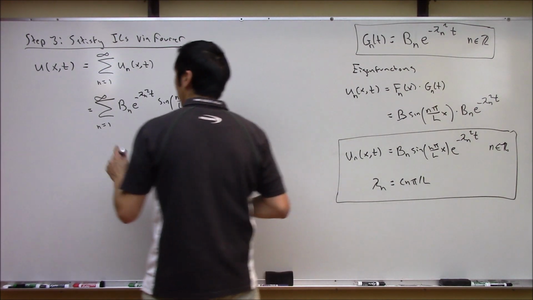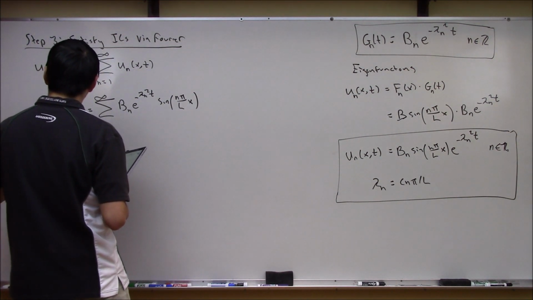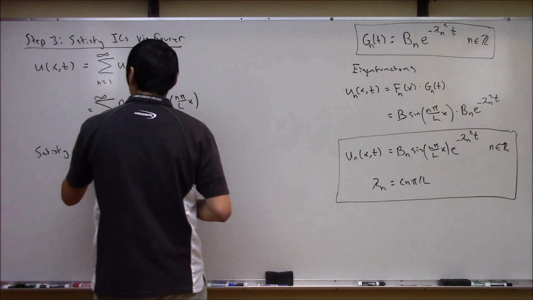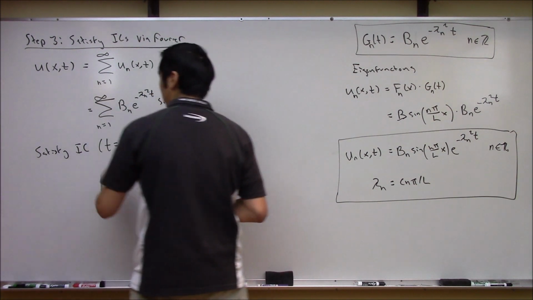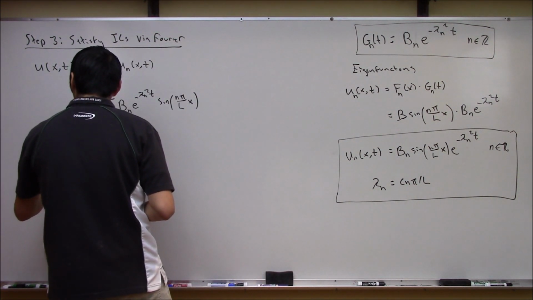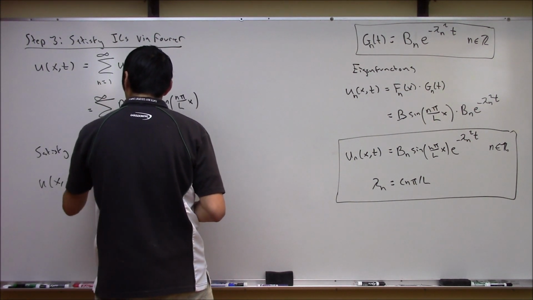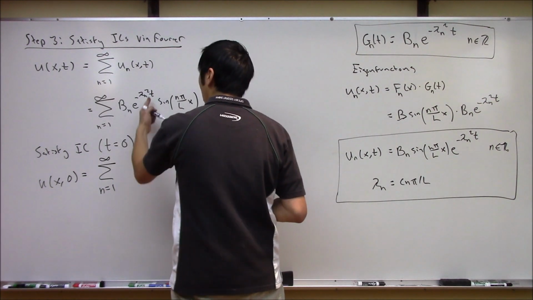Now let's say I need to satisfy the initial condition. In other words, I want to look at this thing when time equals 0. So I need u of x at time 0, which is my candidate solution with time equals 0.